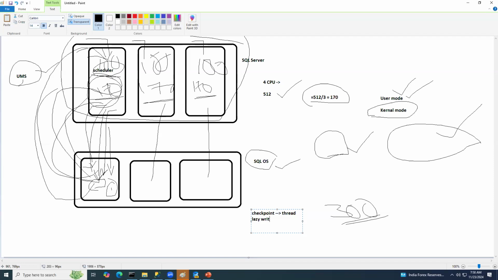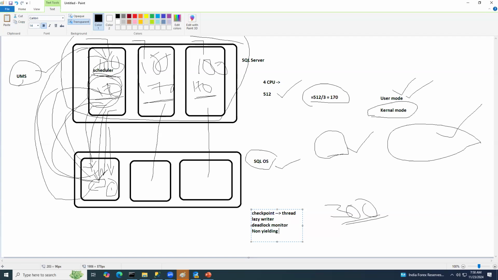Likewise, lazy writer, right? There are some background threads. We will talk about the deadlock monitor later. For now, this is another background thread. It checks if any schedulers are deadlocked. That is another thing, right? Then there is non-yielding.